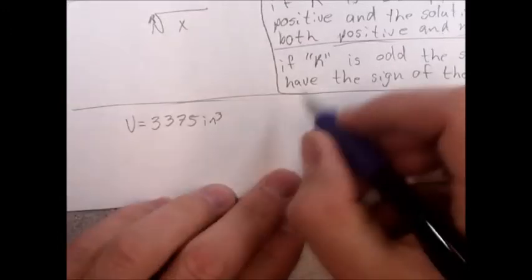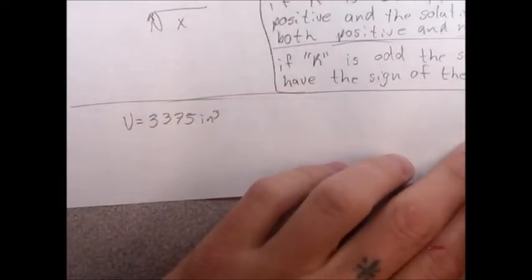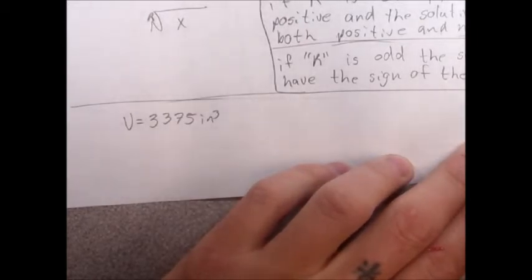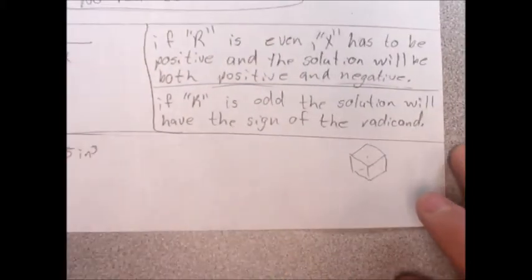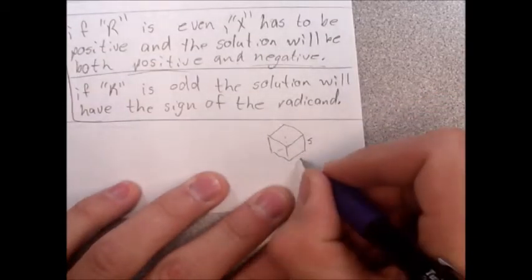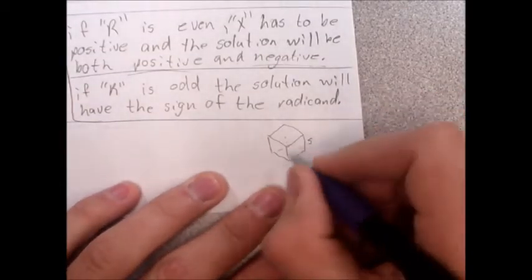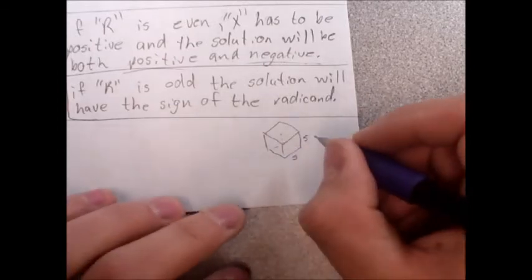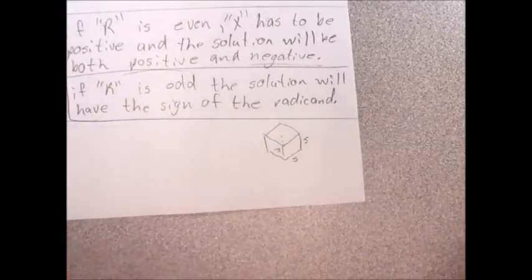If I have a cube, we're going to call its side length S. What do I know about every one of these cubes' side lengths? They're all the same. So its height is the same as its width, the same as its length. Each side is just S. And how do we find the volume of a cube?